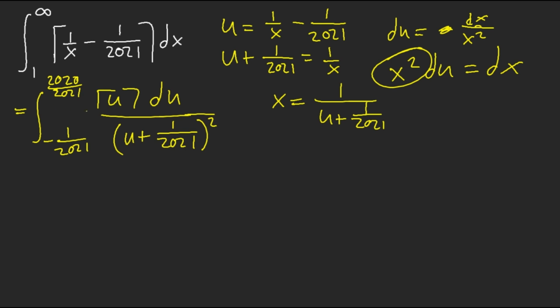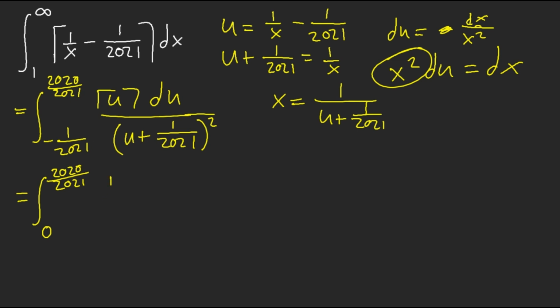Cool. And then of course, based on splitting the bounds, using this ceiling function, we get that from 0 to 2020, 2021, we should end up with, I believe, 1.